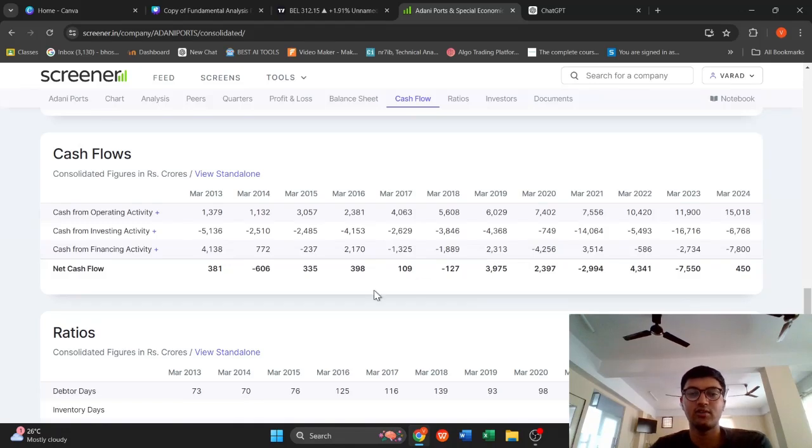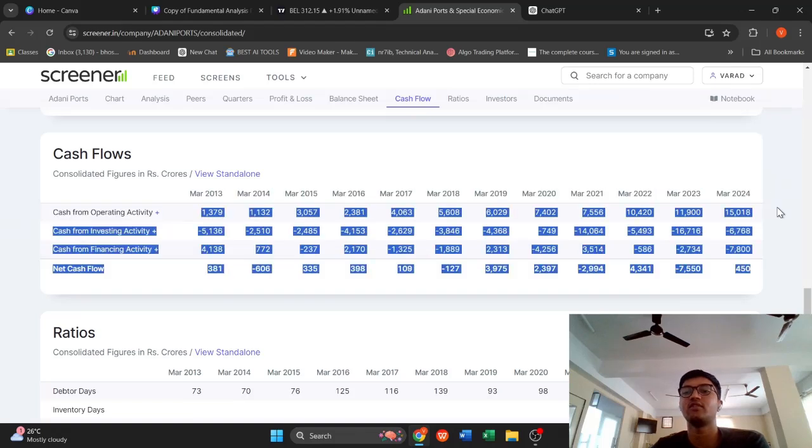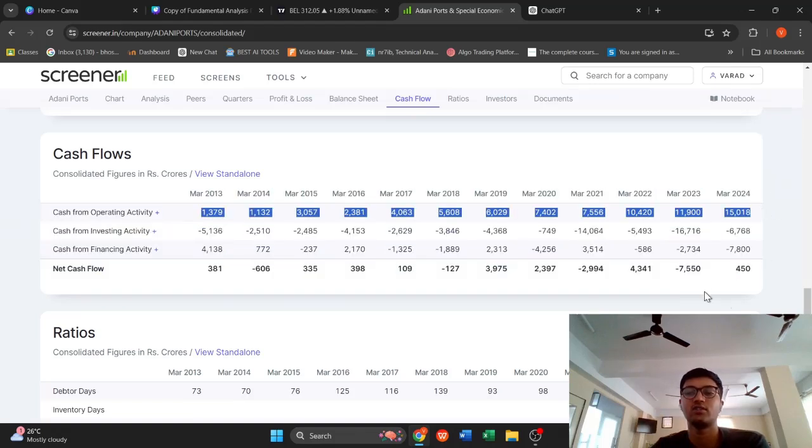I think today I was able to convey whatever I was trying to say, because this is what you should look for. The operating activities: are you getting enough cash? The financing activity: you sum it up, and see how much interest they have to repay.